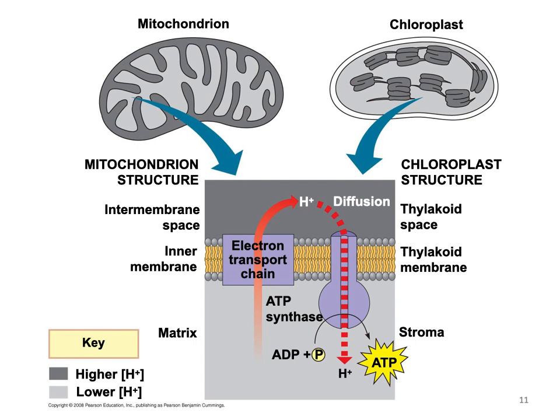The energy released will be used to phosphorylate ADP to produce ATP. Similarly, for the chloroplast structure, H+ ions are higher in concentration in the thylakoid space, also the darker area. Same process here, H+ ions will move back to the stroma through ATP synthase. So the energy released will be used to phosphorylate ADP to produce ATP.